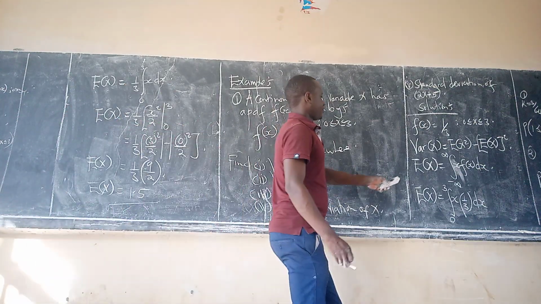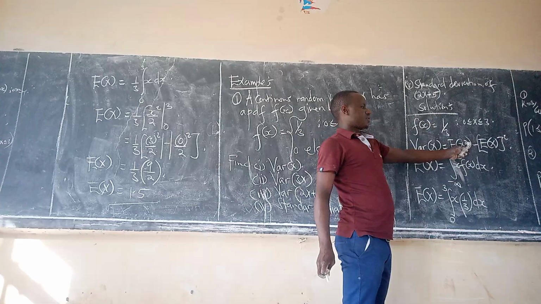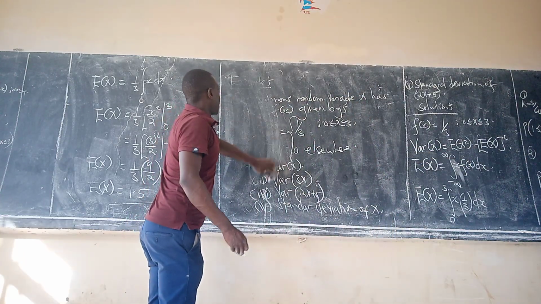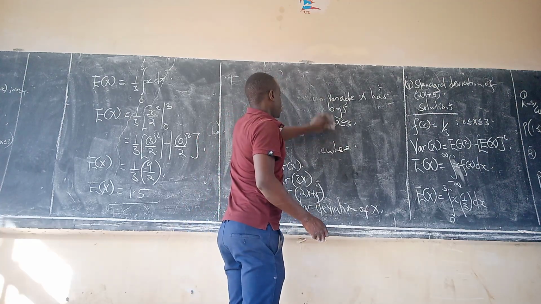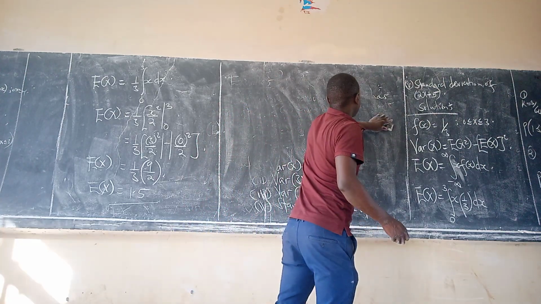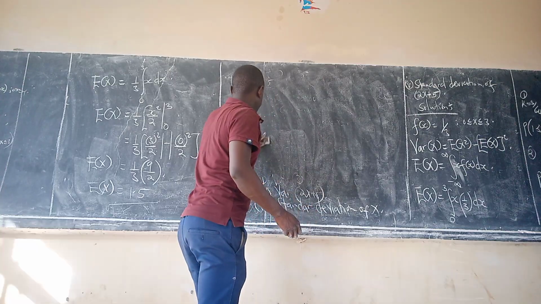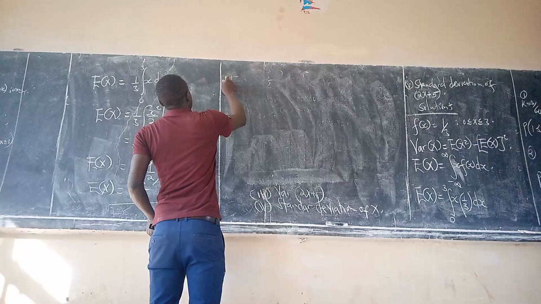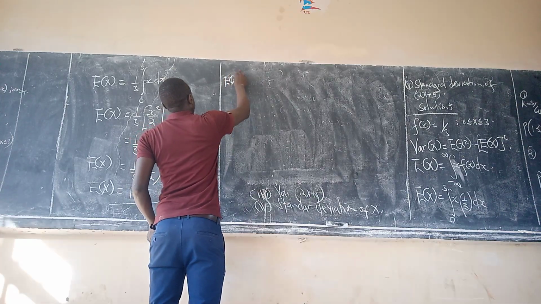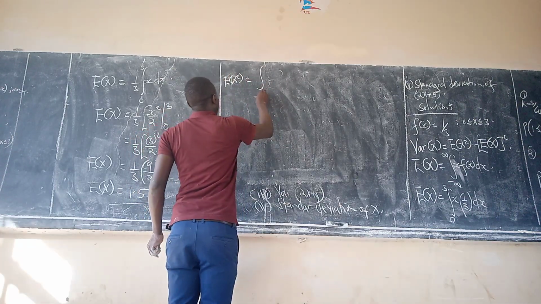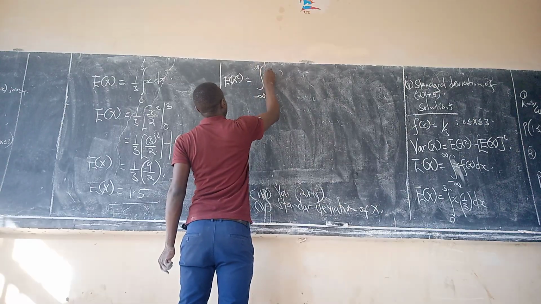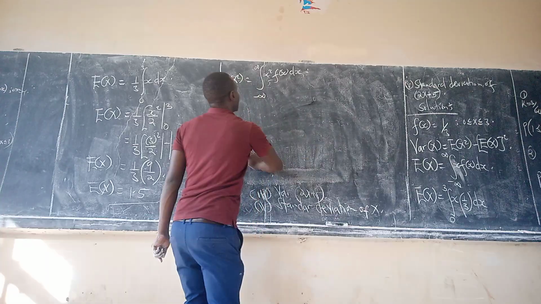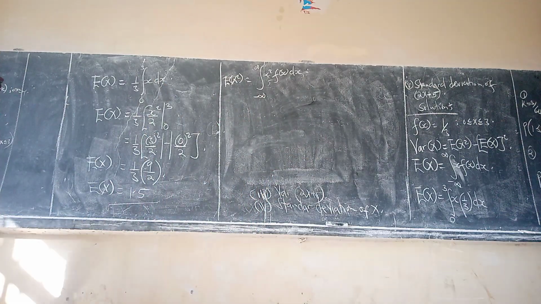But for us to get the variance, we also need the expectation of x squared. So we are also defining the expectation of x squared. Now our expectation of x squared is going to be the integral from negative infinity to positive infinity of x squared f of x dx.